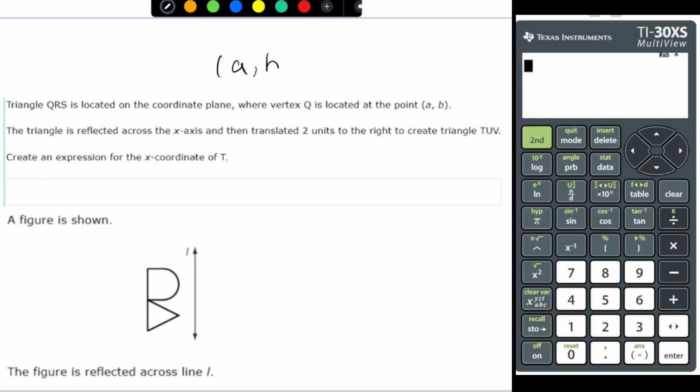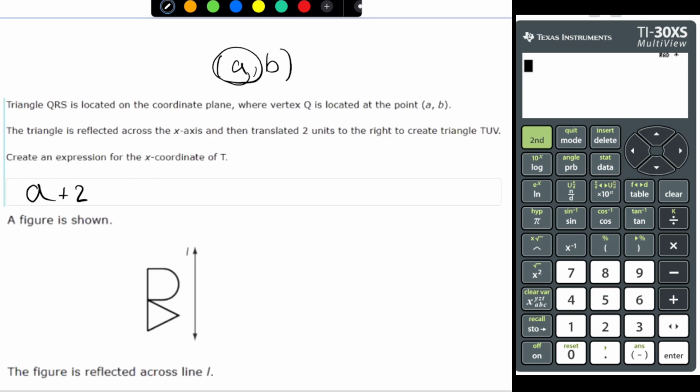So your x-coordinate should be A. It's reflected across the x-axis and then translated 2 units to the right. Does reflecting change the x-coordinate? No, it doesn't. It changes only the y-coordinate. So it is then translated 2 units to the right, so you're just adding 2.